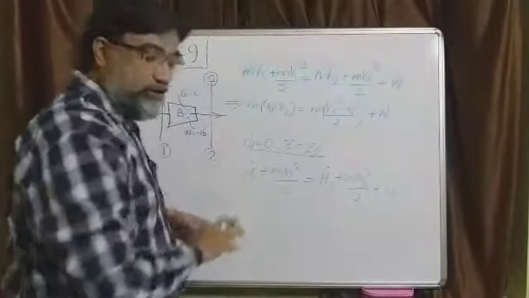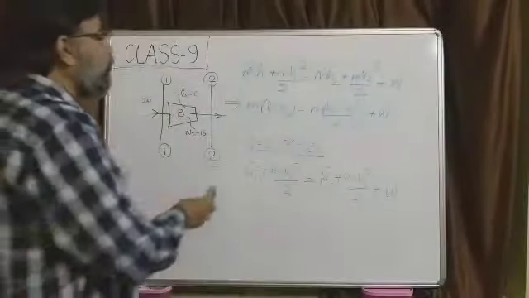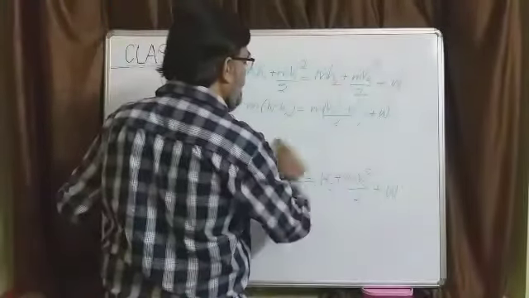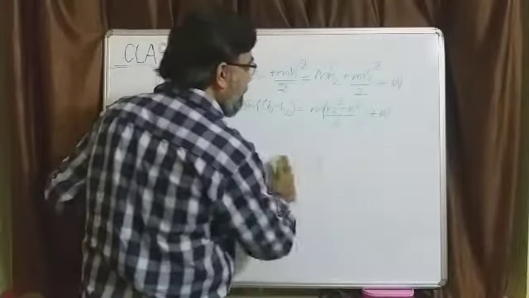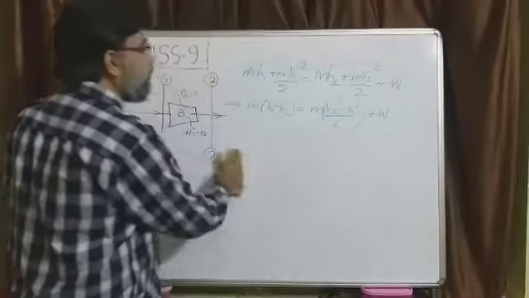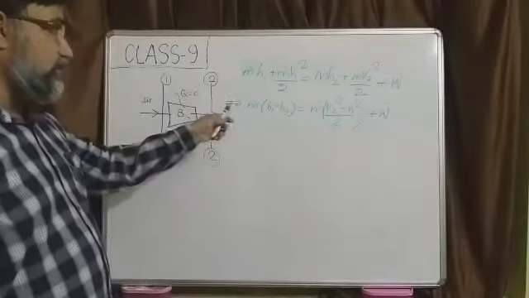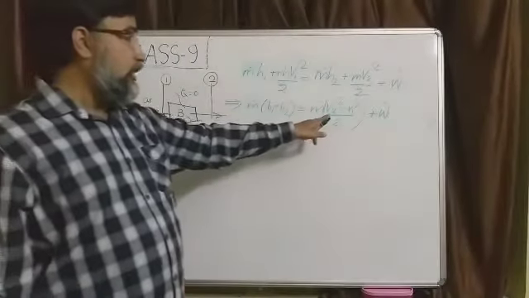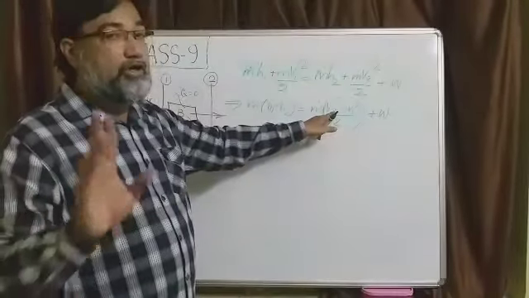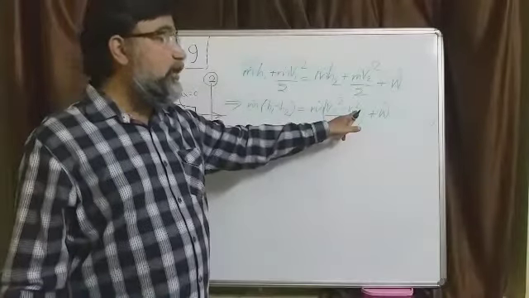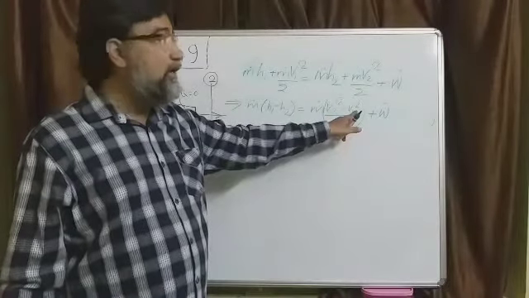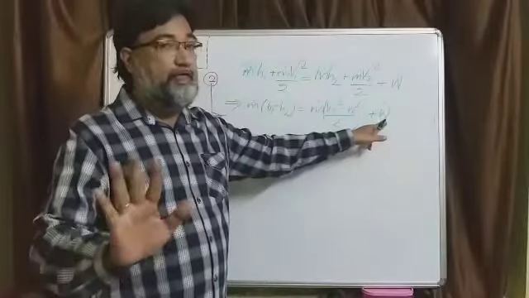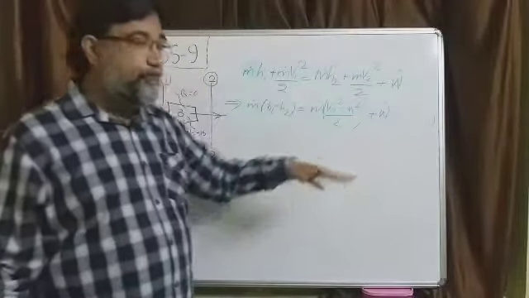See here also, in this step also, I have not put the numerical value of the terms. I have kept them with the notations only. That means in place of V2 I have not written 150, in place of V1 I have not written 100, or in place of W dot I have not written 15. So I have kept it like this.